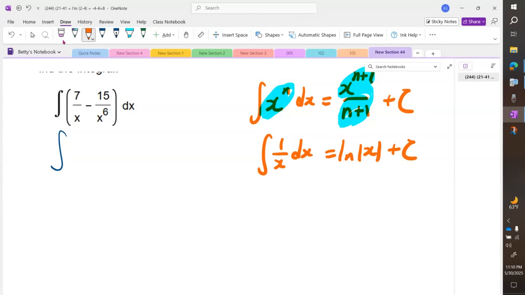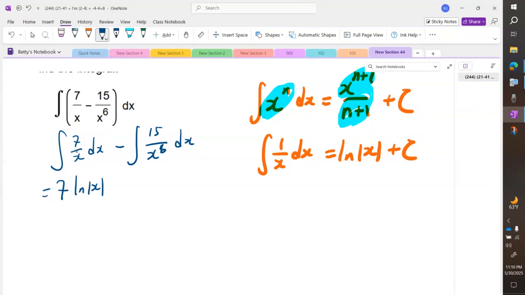So I'm going to do this part first: the integral of 7 over x dx minus 15 over x to the 6th dx. And for 7 over x, that is 7 ln absolute value of x. And then minus 15, the coefficient stays the same. And 1 over x to the power 6 is x to the power negative 6. Use the formula here: negative 6 plus 1 is negative 5, and then x to the power negative 5.